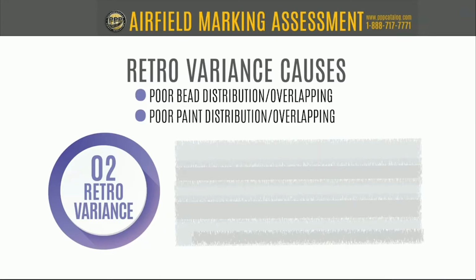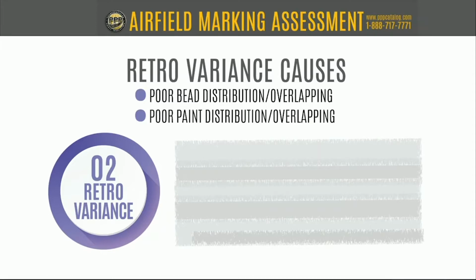Usually in a roadway situation, we can make a single pass with one gun, up to about 24 inches. So we rarely have to go over and gang these guns for a roadway marking.